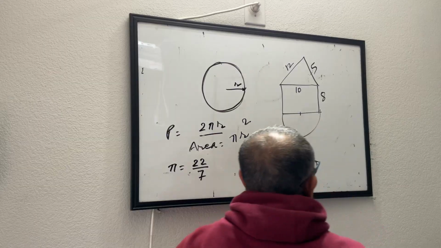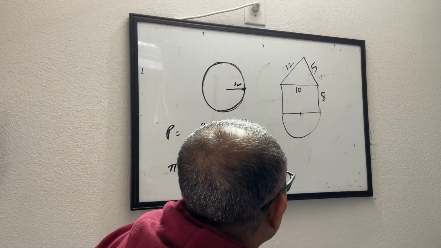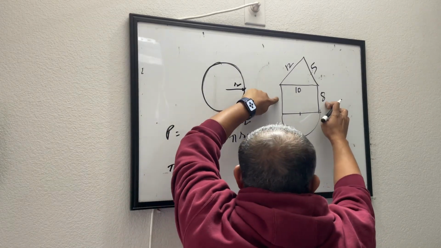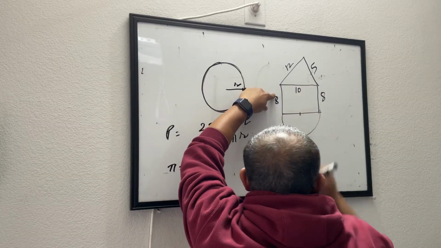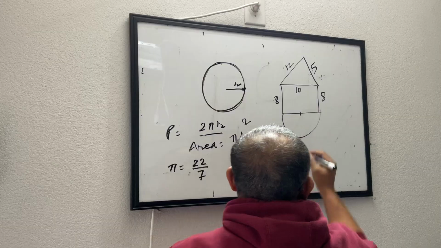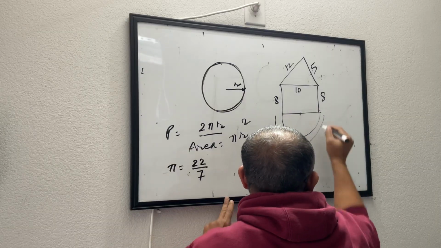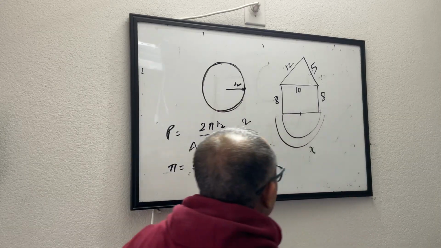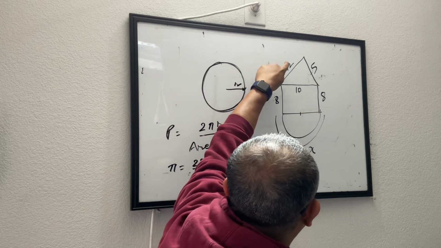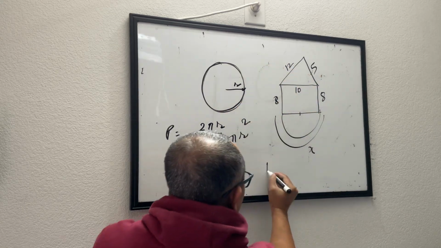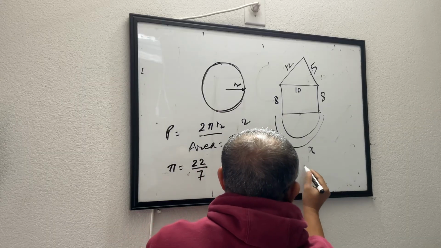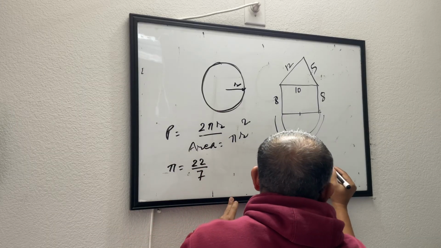Now, if this is 8, this is going to be 8. If this is 10, this is going to be 10. But what am I going to measure? Let's say this whole length is x. I don't know how much it is. So my perimeter is going to be 12, 5, 8, 8 and this x. So 12 plus 5 plus 8 plus 8 plus x.